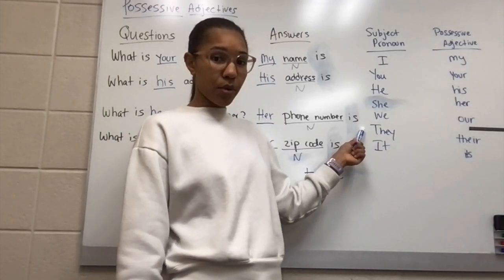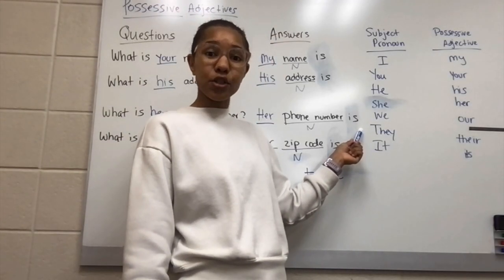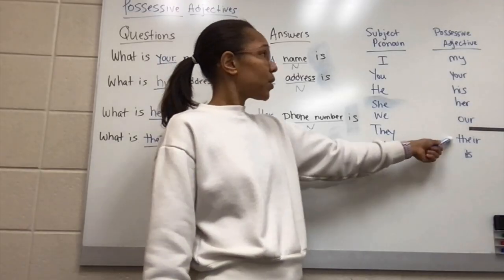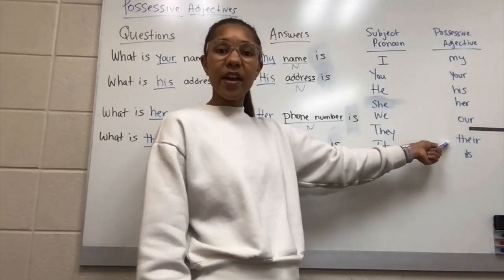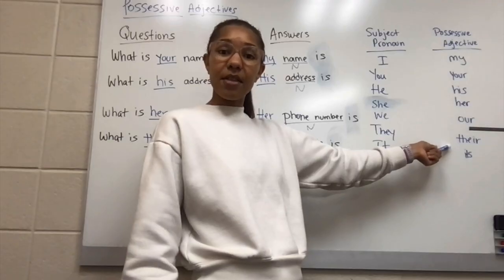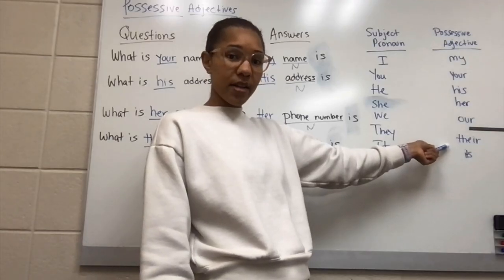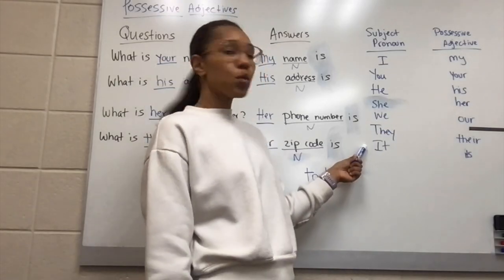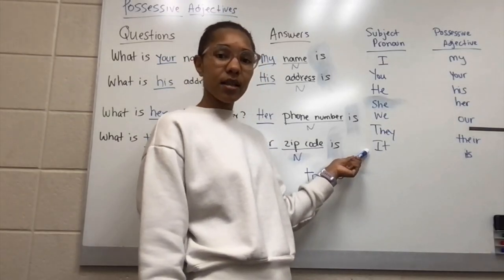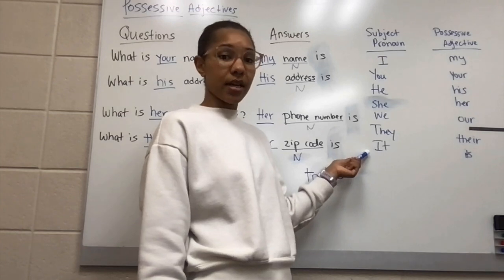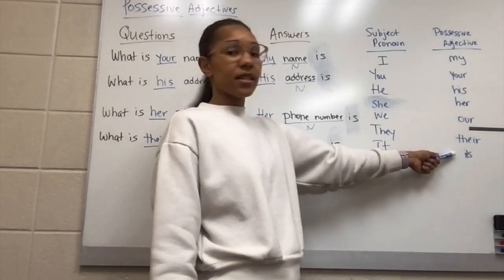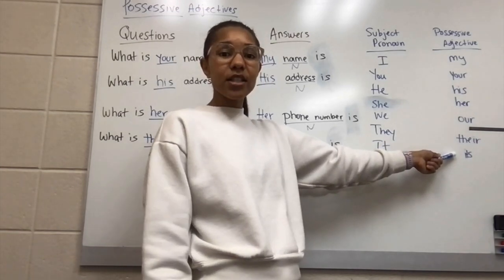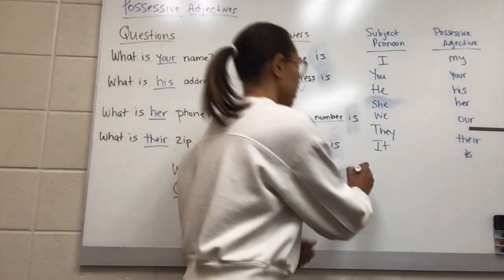They, subject pronoun. They are sisters, maybe. Possessive adjective, their. Their mother is my friend, we can say. Their is a possessive adjective. Then we have a noun after, mother. And the last one, it. Remember, it is a subject pronoun we use for a thing. Possessive adjective, its. Its fur is brown.